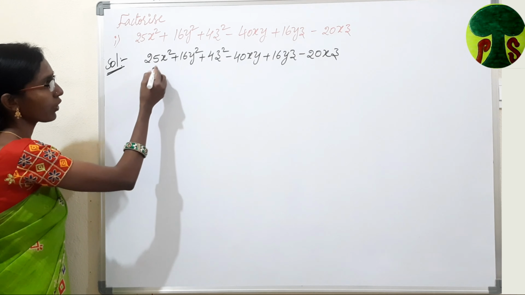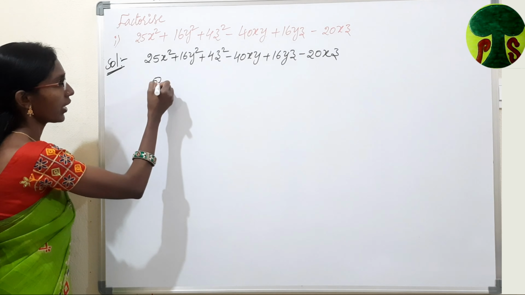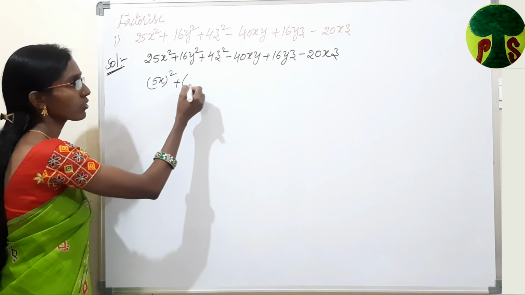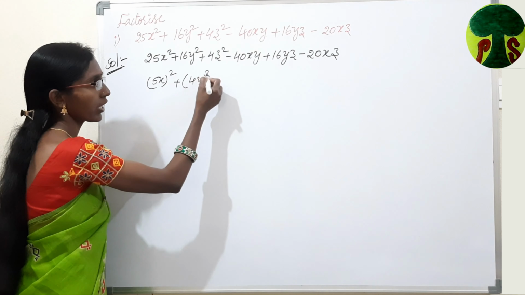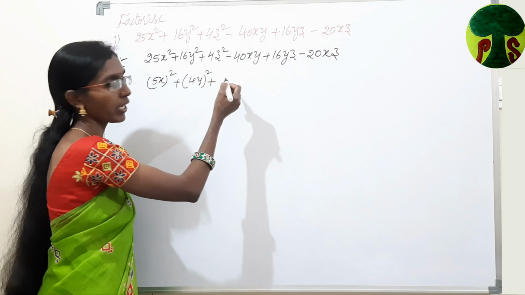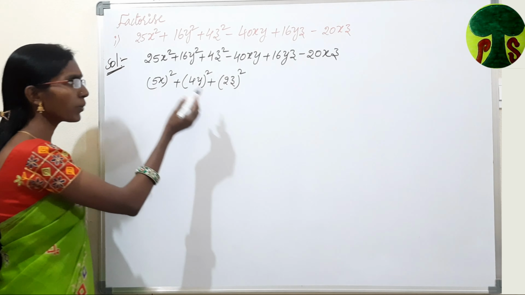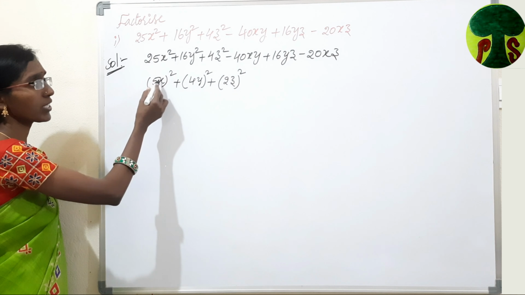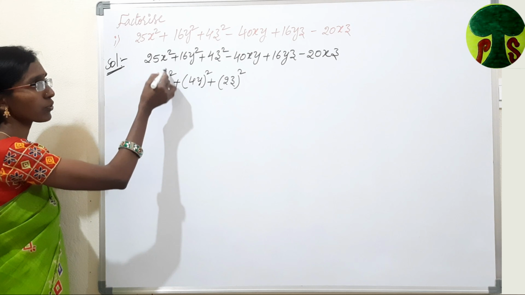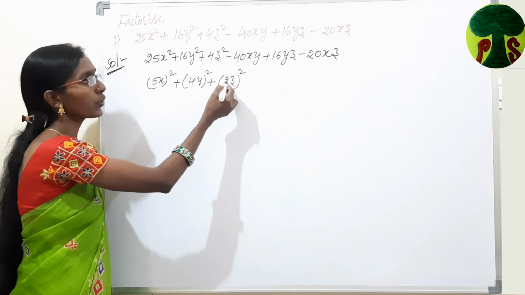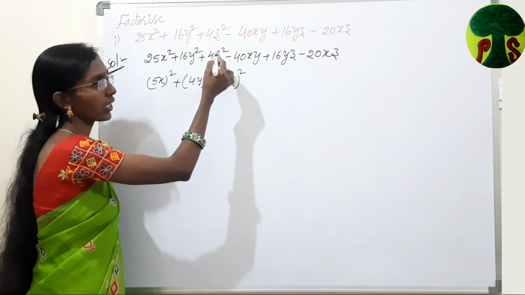So I am writing 25x square as 5x whole square, plus 16y square as 4y whole square, plus 4z square as 2z whole square. Because 5x whole square means 5 square is 25, x square, plus 4 square is 16, y square, 2 square is 4, z square.